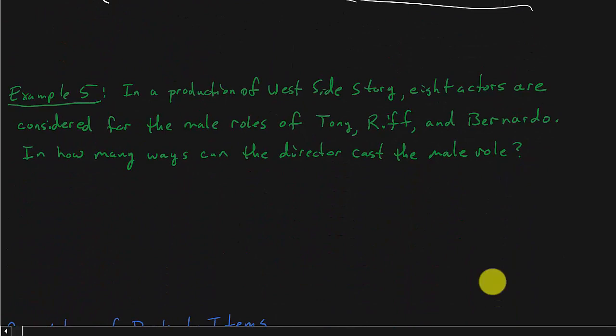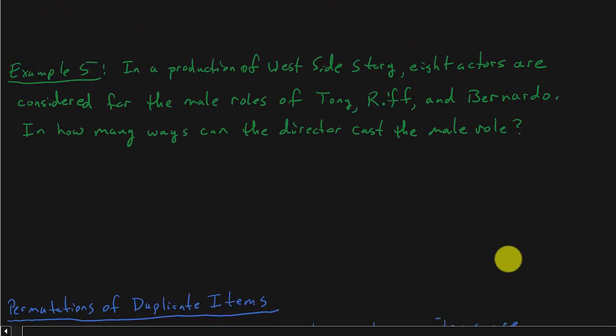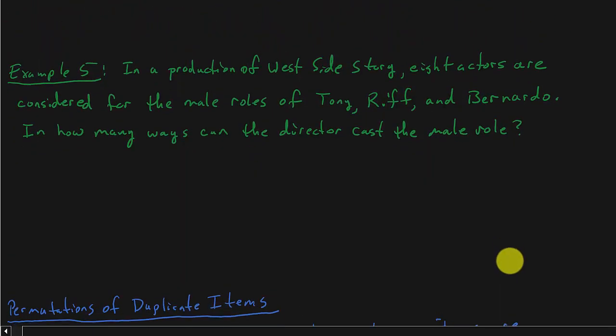All right, so let's look at this one. Example 5. In a production of West Side Story, 8 actors are considered for the male roles of Tony, Riff, and Bernardo. In how many ways can the director cast the roles? All right, so this is the same thing. These are specific roles here.